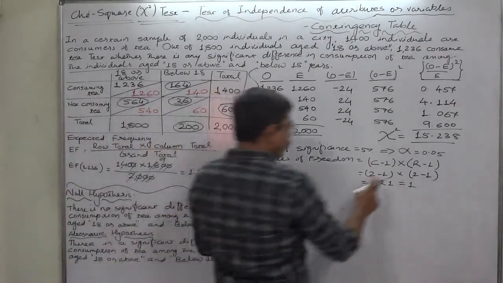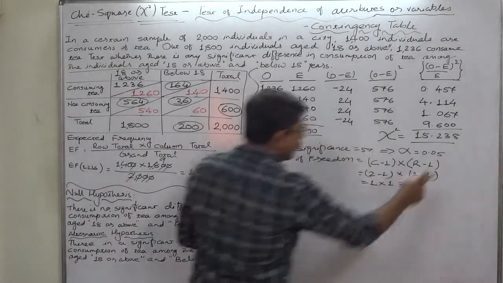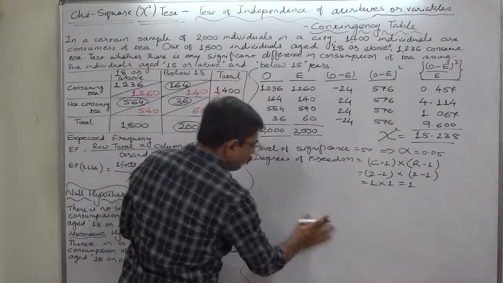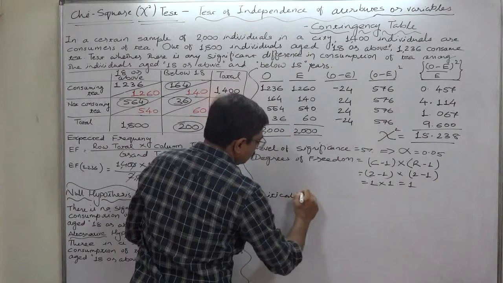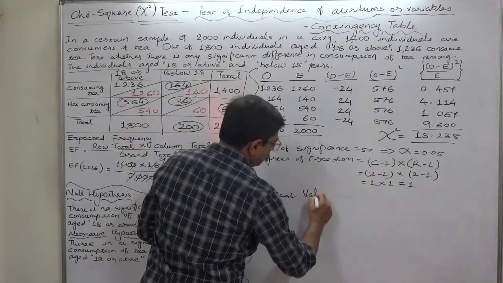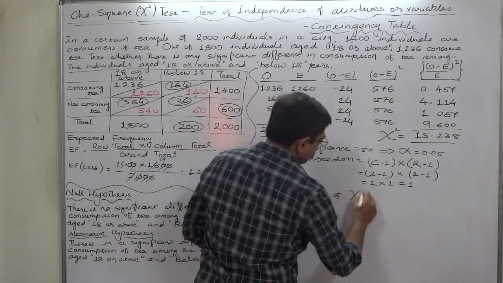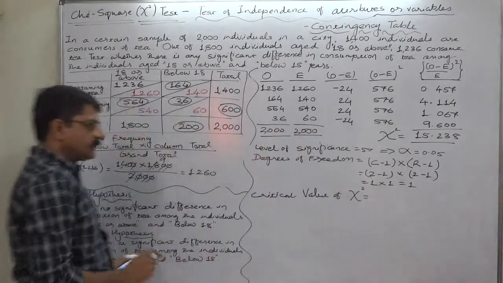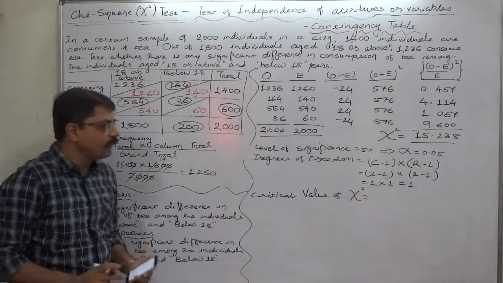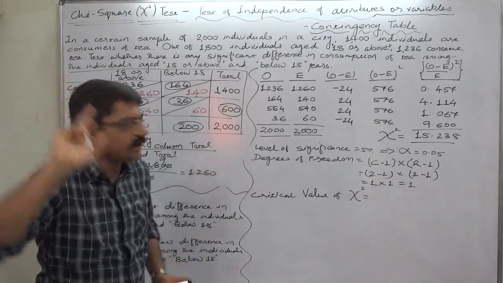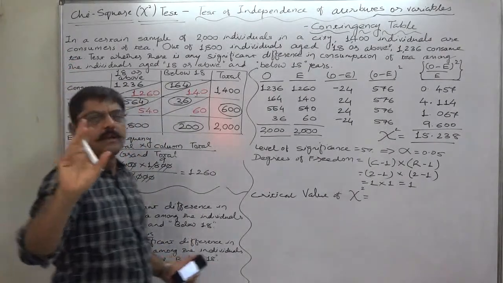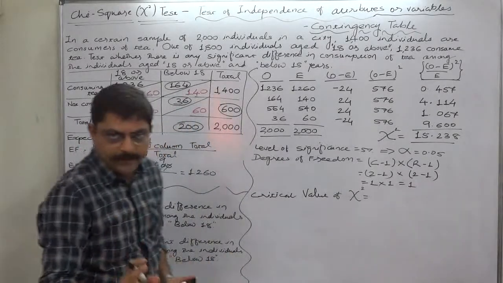On the basis of degrees of freedom and alpha, we can find out now the critical value. We have already discussed how to find out the critical value of chi-square when we were discussing the chi-square test of single population variance, so I am not going to repeat it.